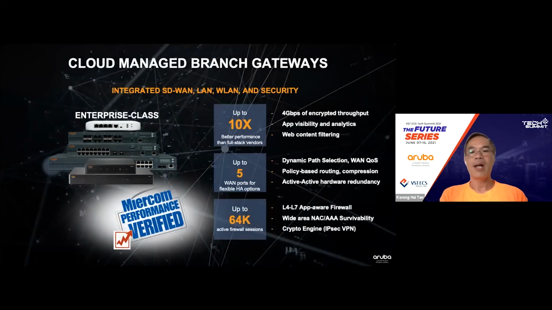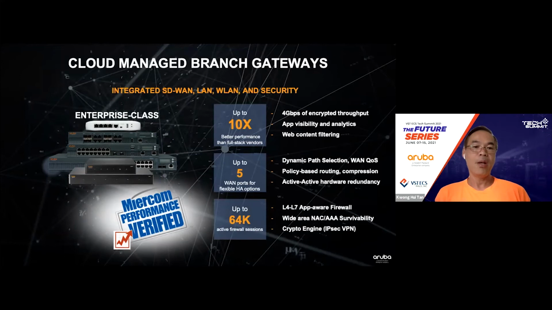Let's talk a bit more about the high-performance secure branch gateway. This is the brain within the branch that instantiates the SD-WAN overlay. It is also where all the wired and Wi-Fi segmentation and policies are enforced, along with IDS, IPS, and web content filtering. These are hardware that many of our partners in the Philippines have already been selling.